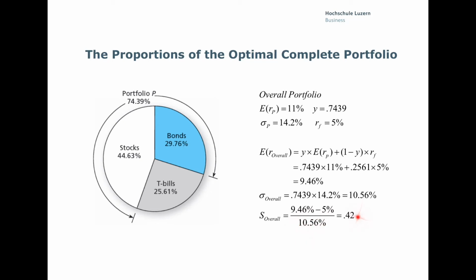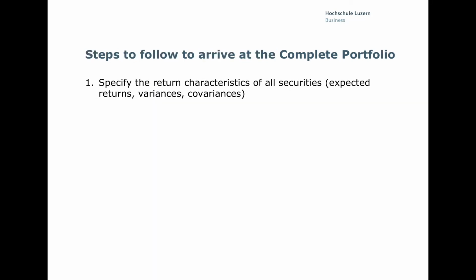Once we have reached this point, generalizing to the case of many risky assets is straightforward. Steps to follow to arrive at the complete portfolio. Let us briefly summarize the steps we followed to arrive at the complete portfolio. First, we specified the return characteristics of all securities, expected returns, variances, covariances.